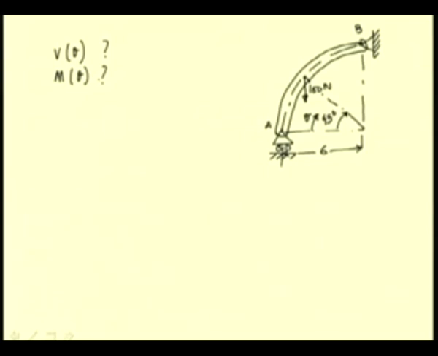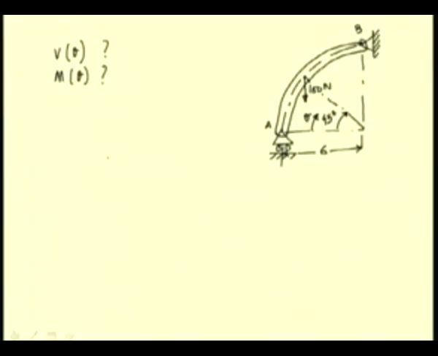So, how do we proceed? We first determine the external reactions, and then we construct free body diagrams for portions of the beam and develop the equation. So, first let us consider the free body diagram of this complete beam.